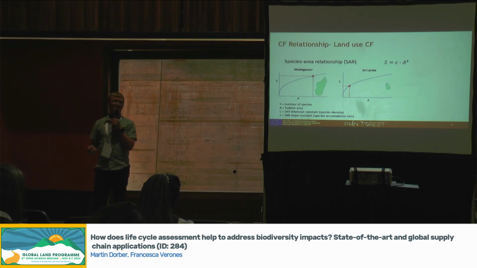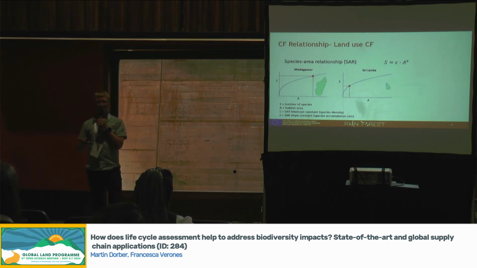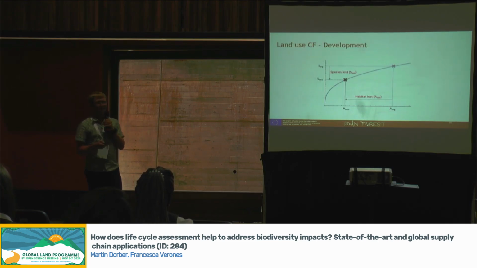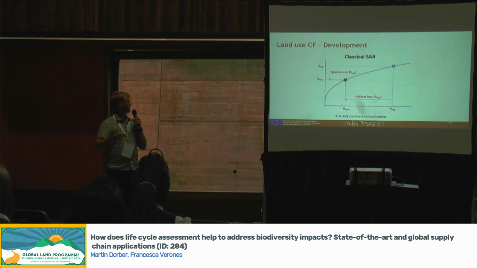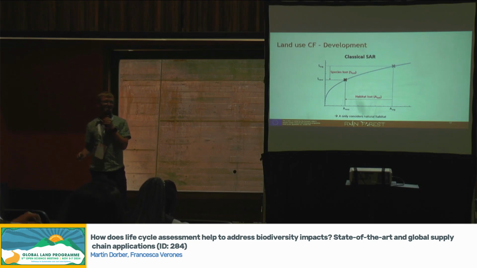So in this case, I would expect more species in Madagascar than in Sri Lanka. From an impact modeler perspective, I can take this positive relationship and turn it around and say, if I have a habitat loss, I can also calculate the species loss. What I'm showing here is the so-called classic species-area relationship, and it has the limitation that it only considers natural habitat.